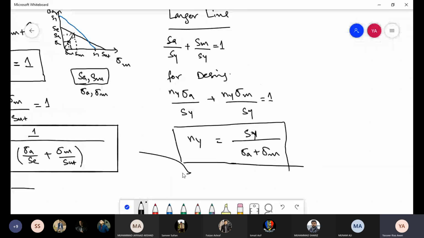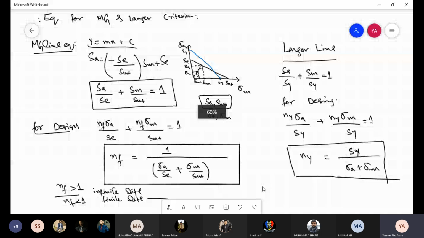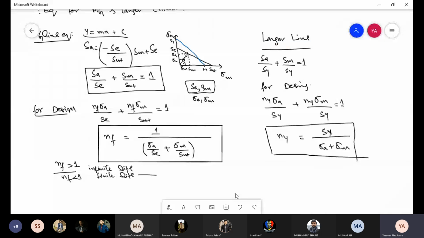Any question from this? So, fairly simple. We use these equations for designing against fluctuating stresses in fatigue.